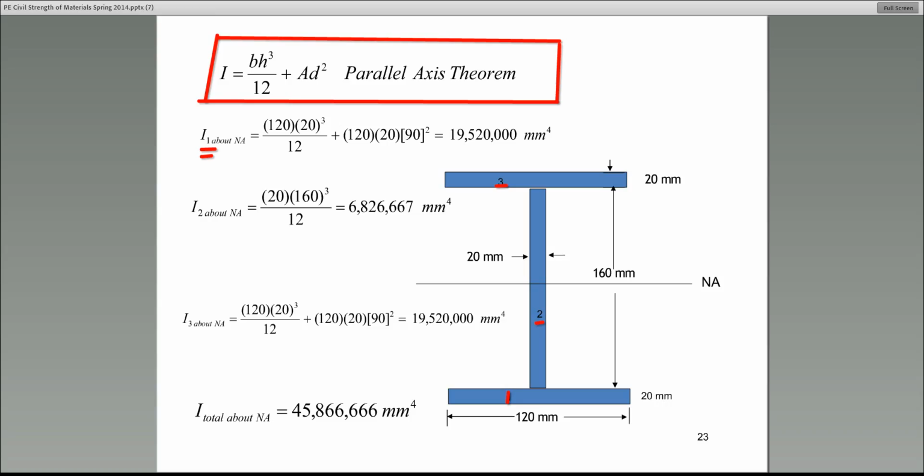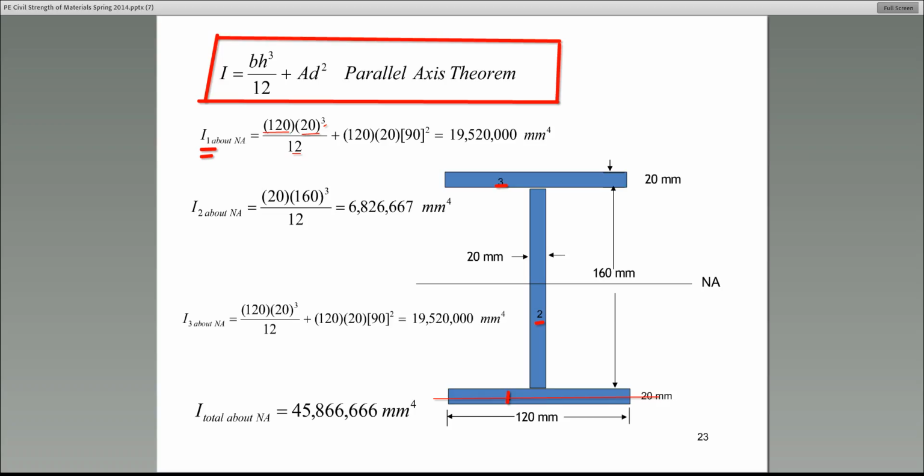And you see that red line, let's assume that is the centroidal axis for that bottom flange. So BH cubed over 12. B is 120, so this is why we use 120. H is 20, and don't forget to cube it, please, divided by 12. So that is the moment of inertia about its own centroidal axis.